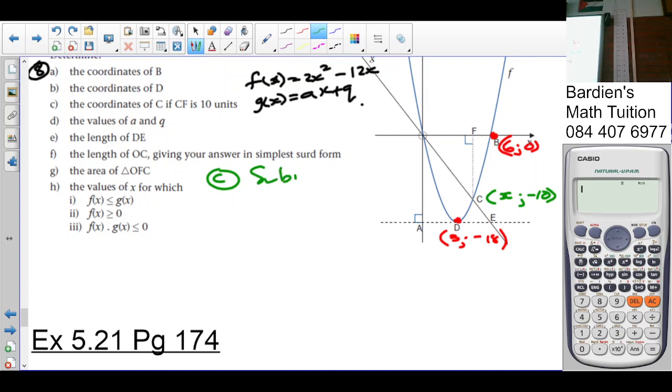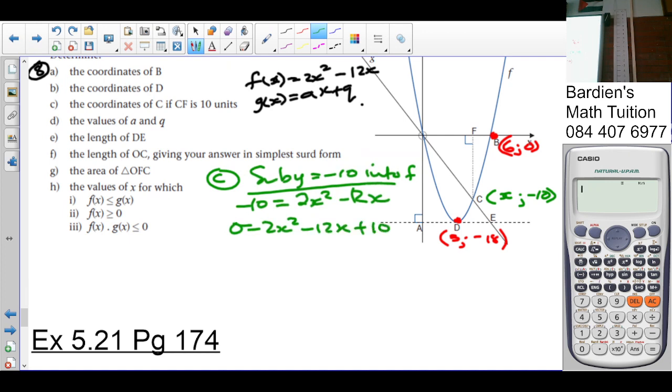So we substitute y is equal to negative 10 into f of x. So negative 10 is equal to 2x squared. Remember, I'm trying to calculate x here. So 0 is equal to 2x squared minus 12x plus 10 divided by 2. So 0 is equal to x squared minus 6x plus 5.